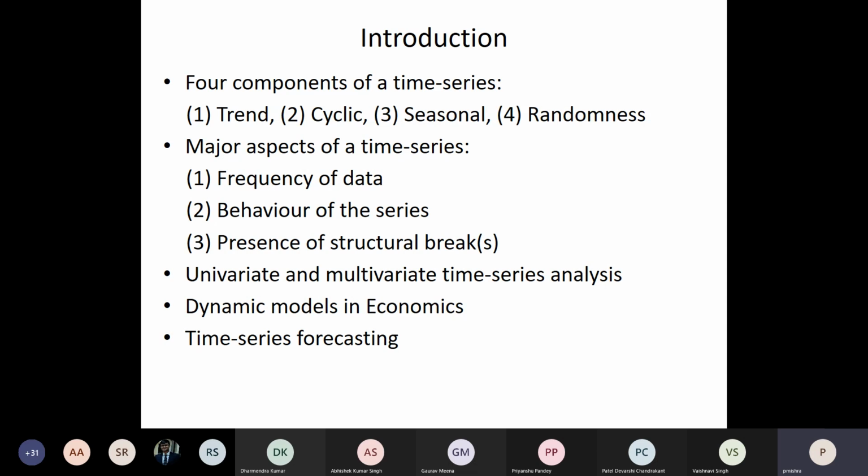Then we have time series data, meaning data for a particular cross-sectional unit, maybe an economy, a state, a sector, over a period of time. And then we also combine the time series and cross-sectional perspective, and we have the panel data.